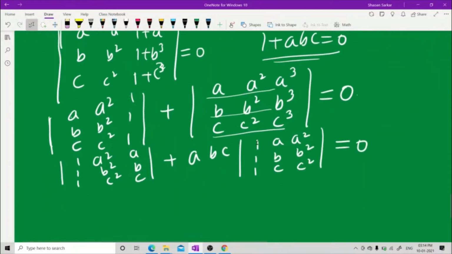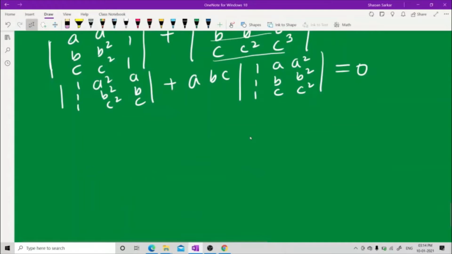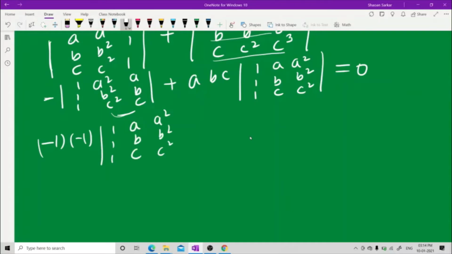Now let me take more page. Now interchange these two. There will be a minus sign because there were two rows. Now again there will be a minus sign because these two will be changed. So minus 1 into minus 1. This will be 1, 1, 1, a, b, c, a square, b square, c square plus abc, 1, 1, 1, a, b, c, a square, b square, c square.